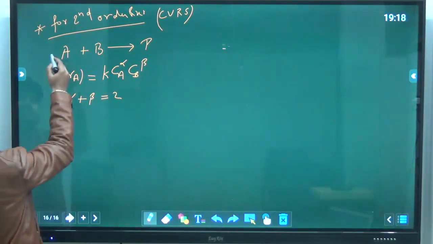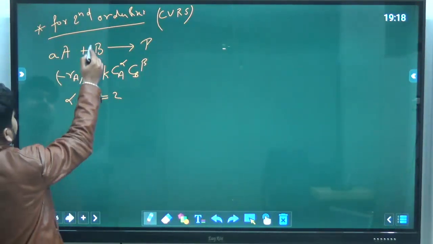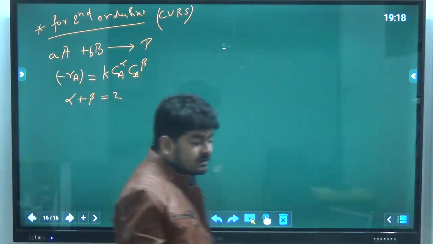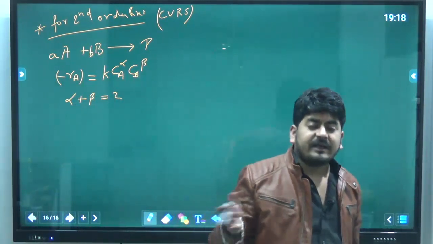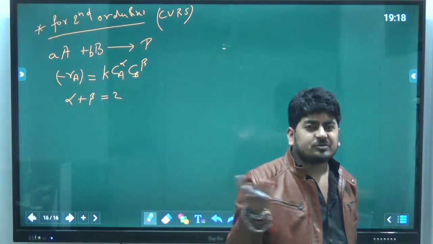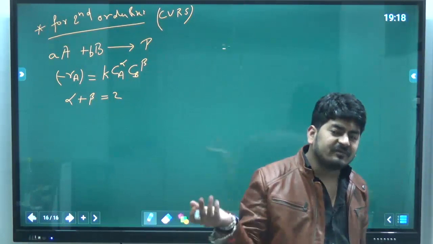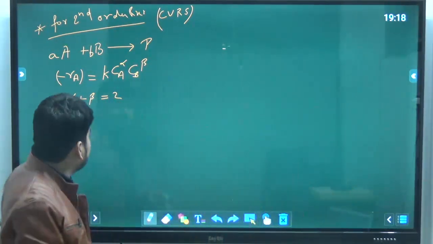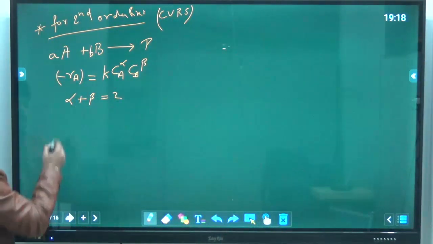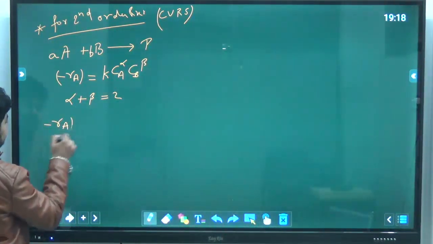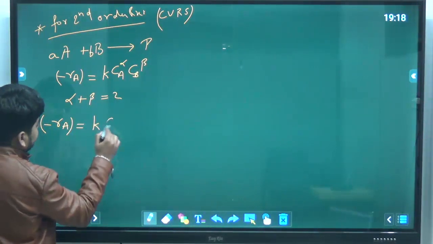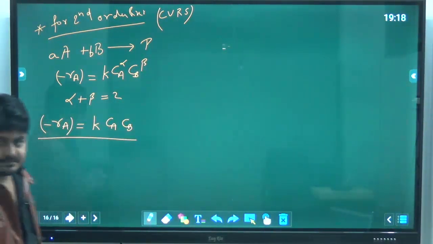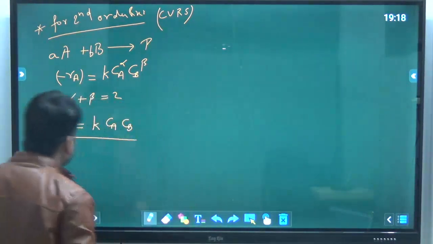Suppose the reaction is aA plus bB gives P, like 2A plus B gives something, A plus 2B gives something, 3A plus 2B gives something, whatever. So let's say here the rate equation is minus RA is equal to K CA CB. Suppose the apparent order is 1 for both the components. Okay, let's assume.